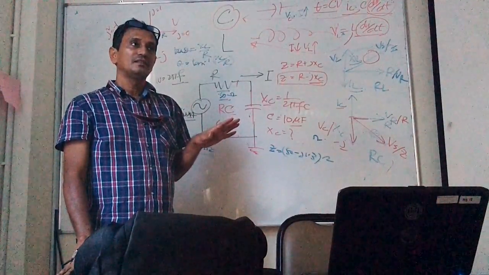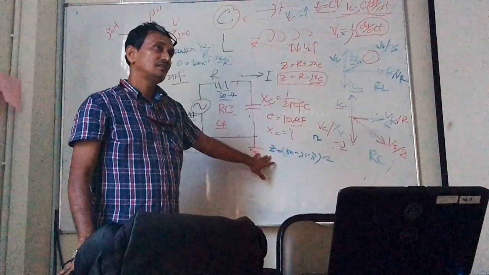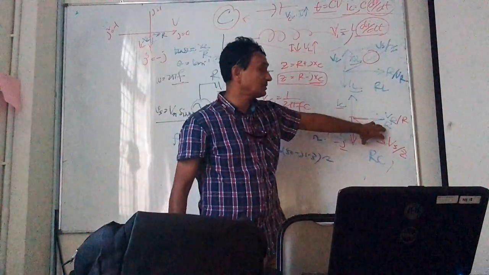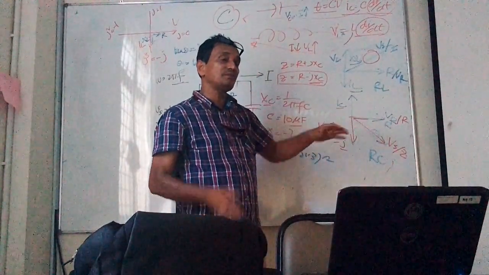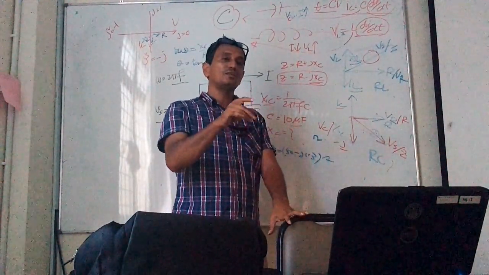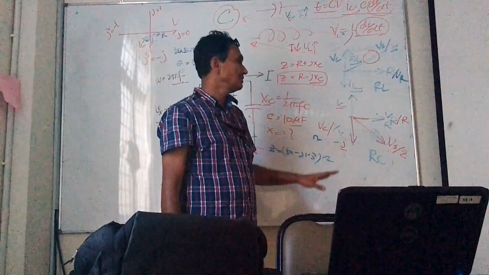For Z it is definitely negative, in the fourth quadrant. So the current should be positive. If you reverse this, then 0.2 is leading.